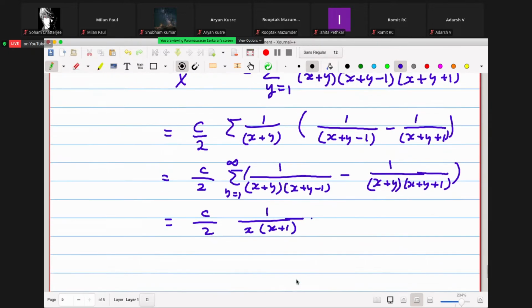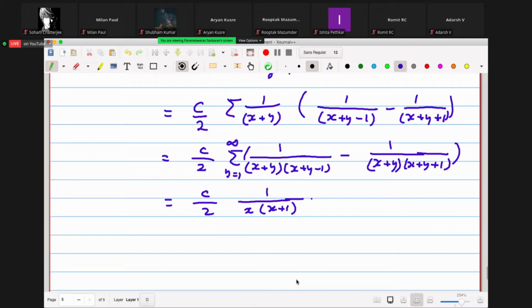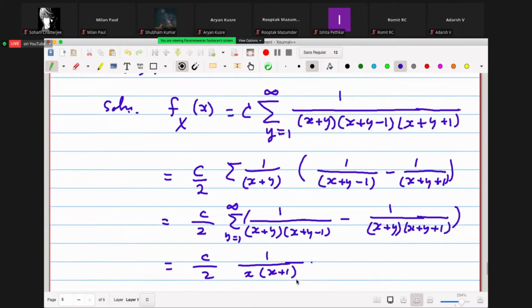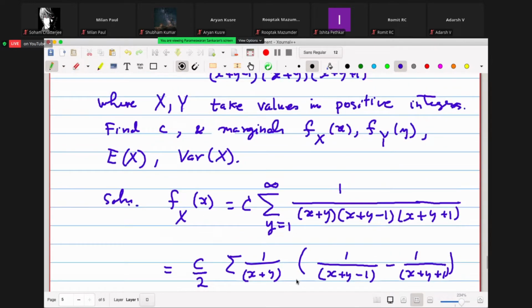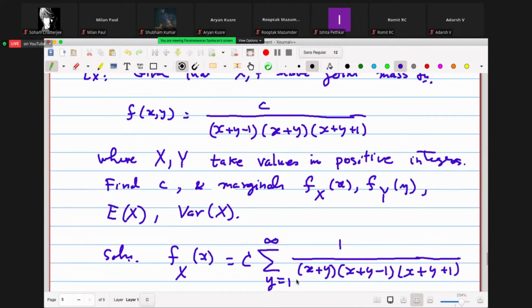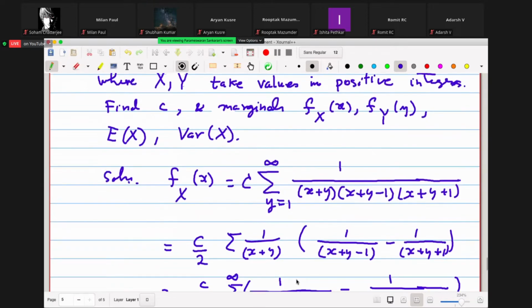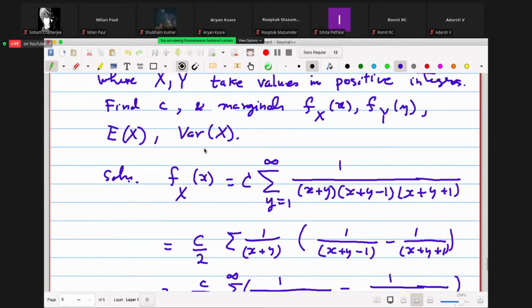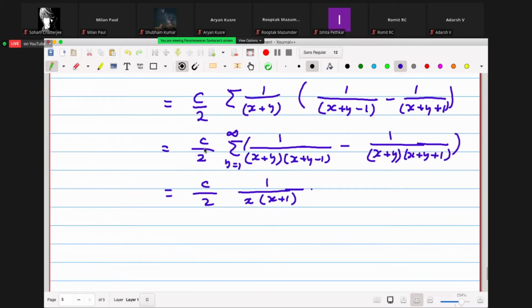And this is your fx of x. There is symmetry in x and y, so fy of y will have a similar expression. Let us compute c.